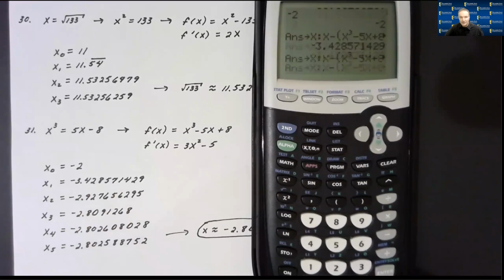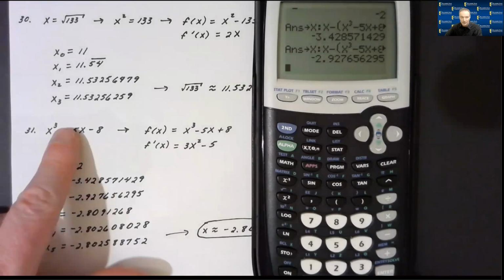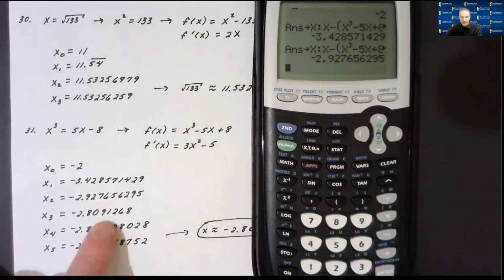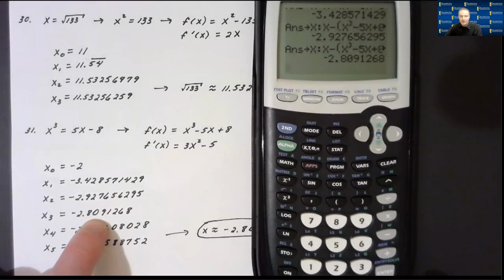My second refined guess, and I want you to put in every single one of these. So everything I'm writing here, I would want you to write on the test. My third refined guess. And at this point, I actually started to worry a bit because I was like, wow, I'm to the third refined guess and it hasn't even agreed to 1 decimal place. But I kept going.